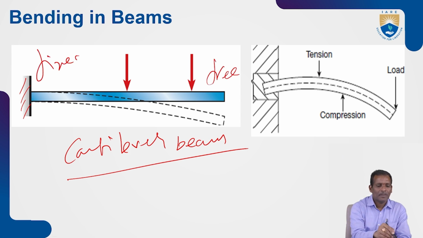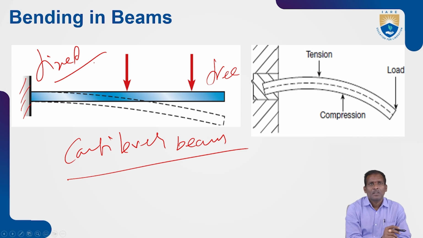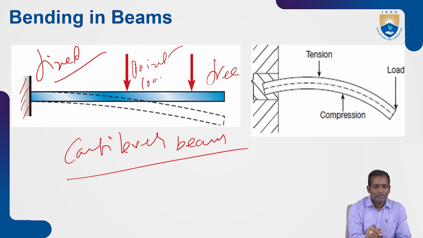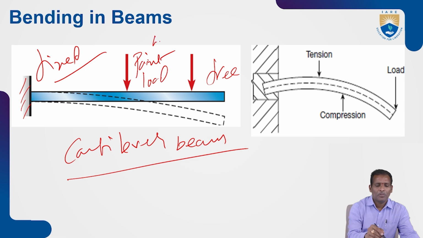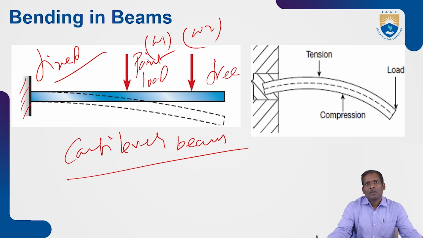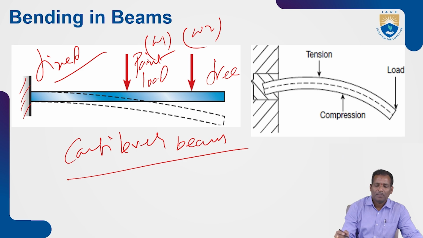Two point loads are acting here, point load W1 and another point load W2. After loading, it deforms like this. So this is after deformation.